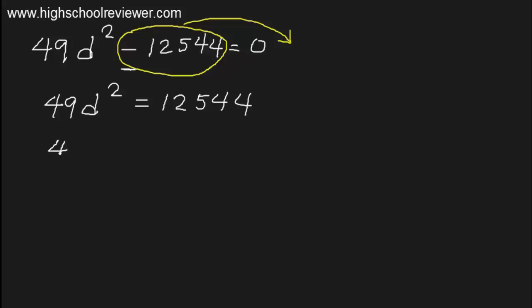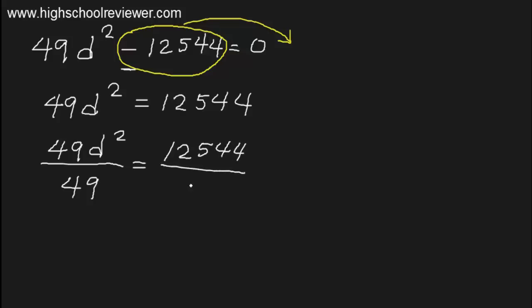So to cancel out, we are going to divide both sides of the equation by 49. So 12,544 divided by 49. 49 divided by 49, we can cancel this out since this is equal to 1. And 1 multiplied by d squared is positive d squared.